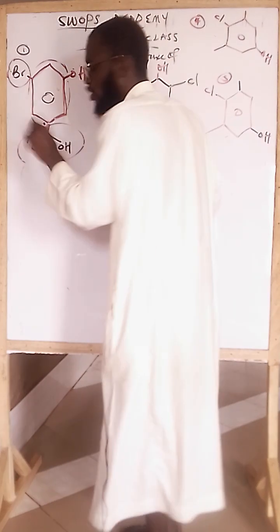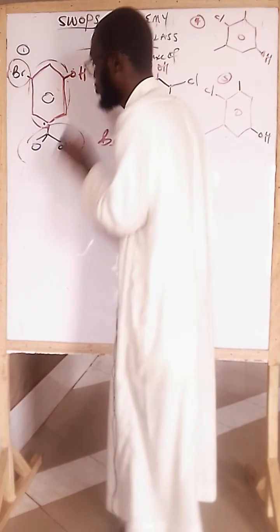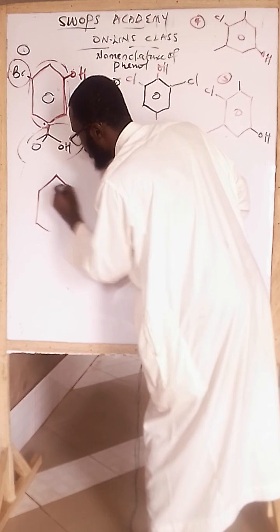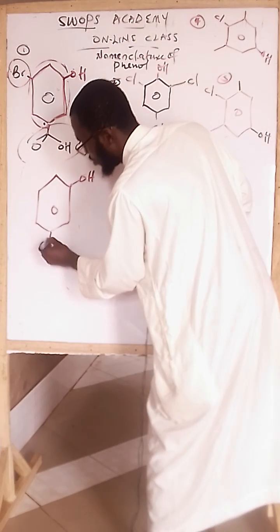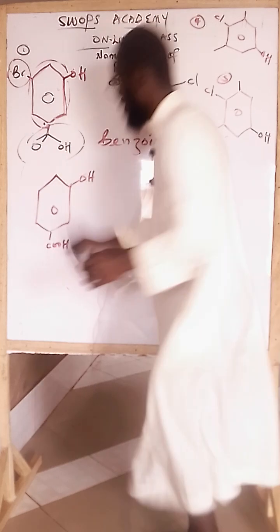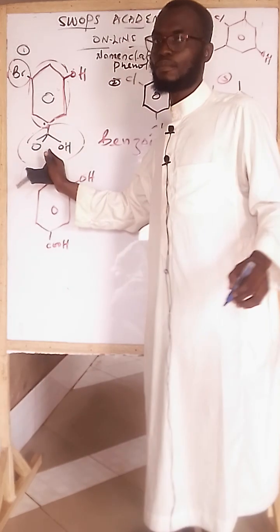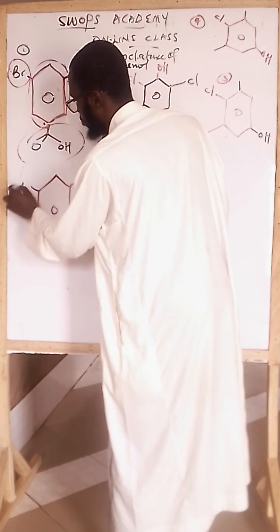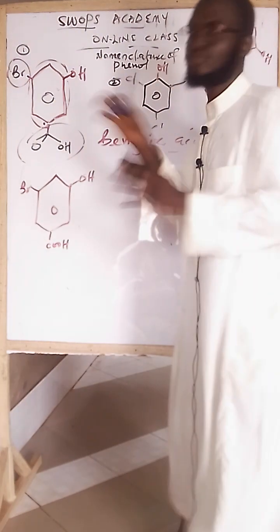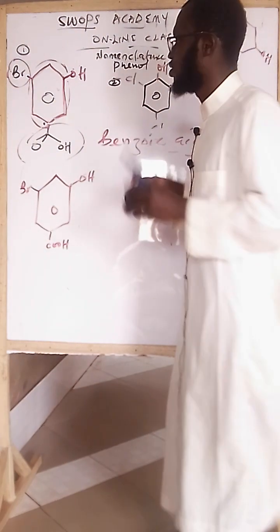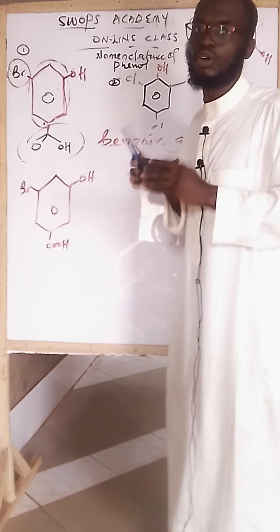This now is COOH, as I told you. That means I can decide to draw it in this format. COOH should be here. That's what you see them drawing here. And what follows? Then the bromine here. It's still the same thing. They just want to make it a little bit tougher.